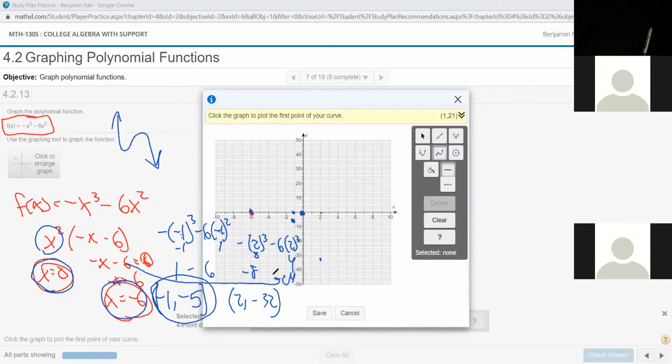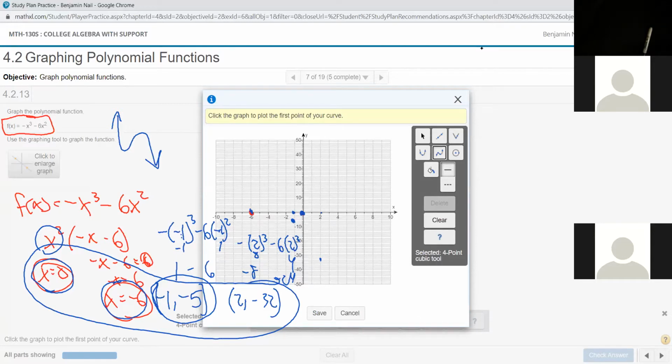So these are the 4 points that I'm going to need to plot to make sure my graph actually goes where it's supposed to. So again, on my tool, I'm going to pick the cubic tool. Okay, hopefully you can see that hand.